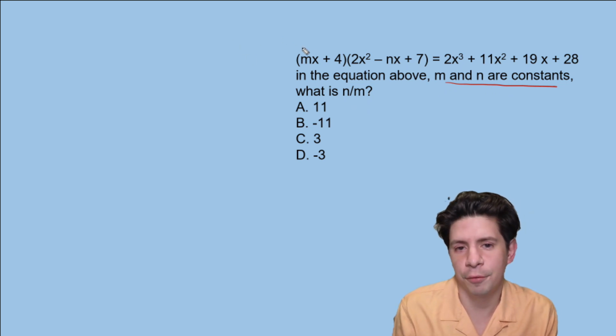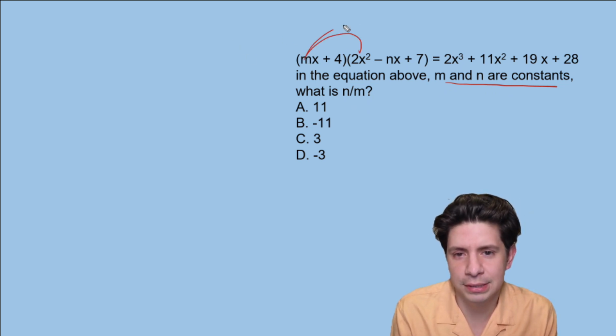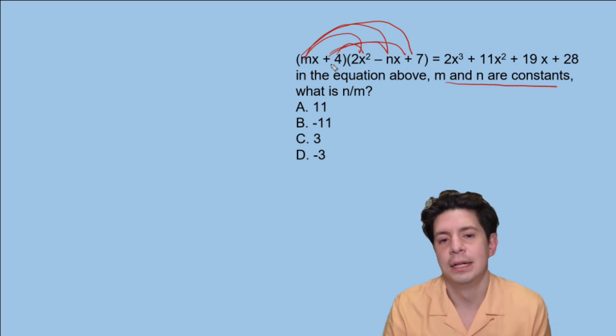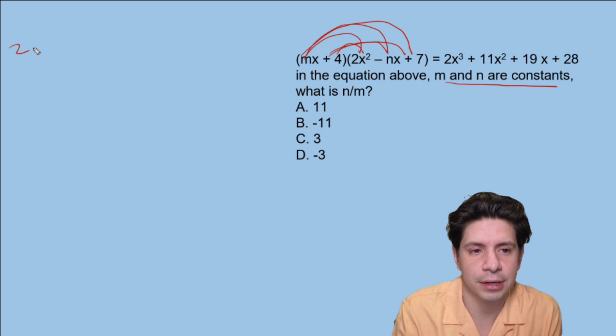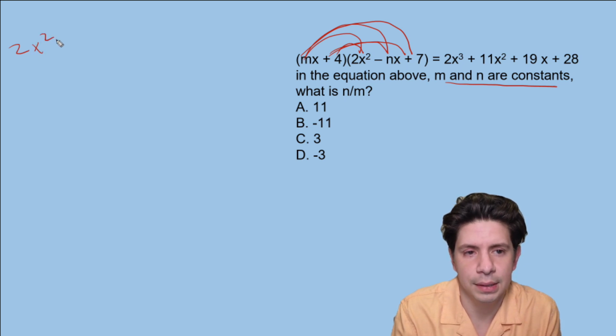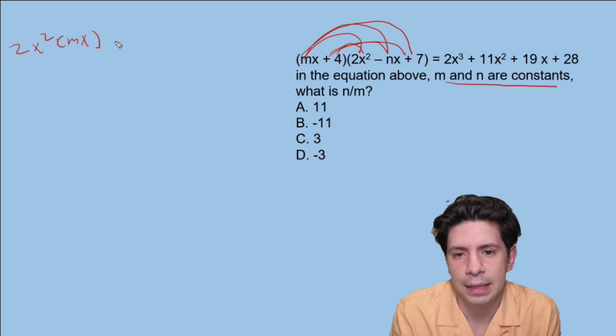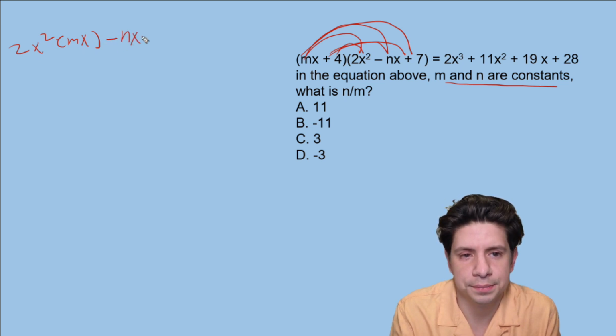Okay, so again, we're going to FOIL this. It's just distributing twice. So first we get 2x² times mx. Then we get negative nx times mx.